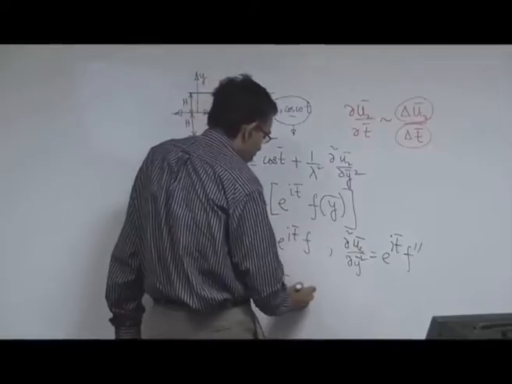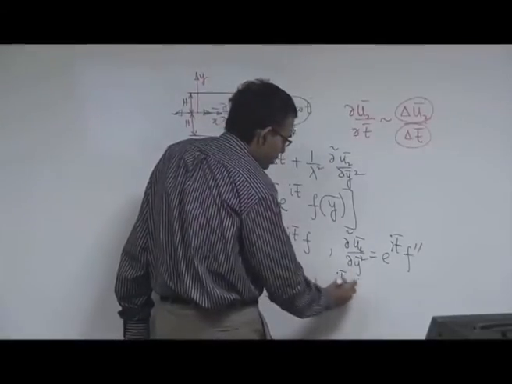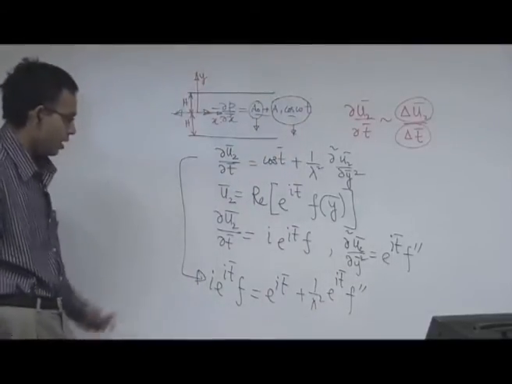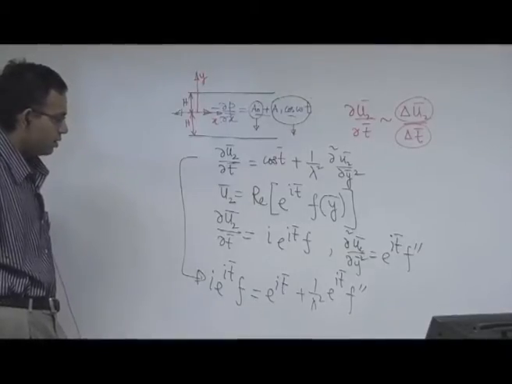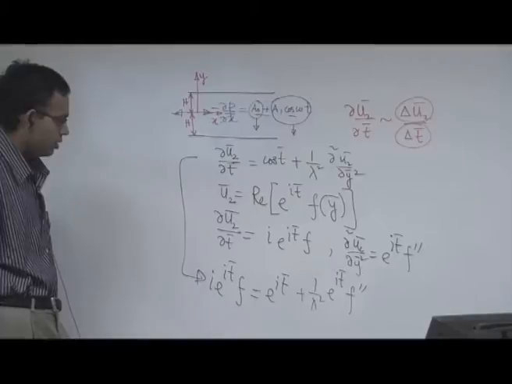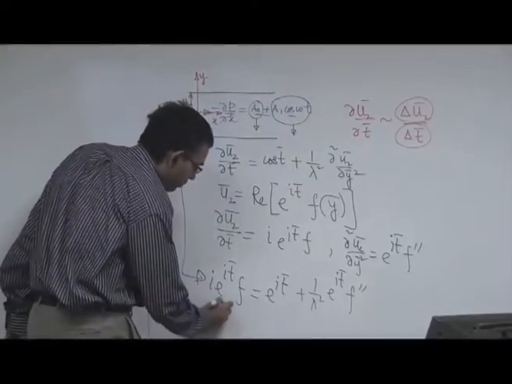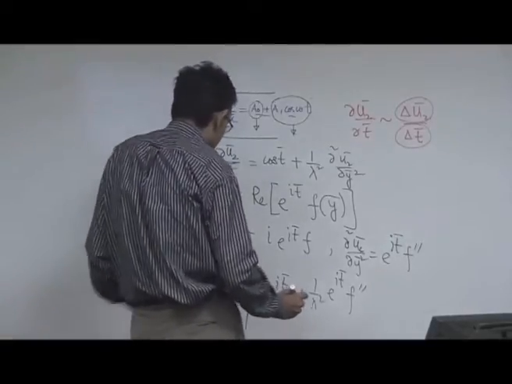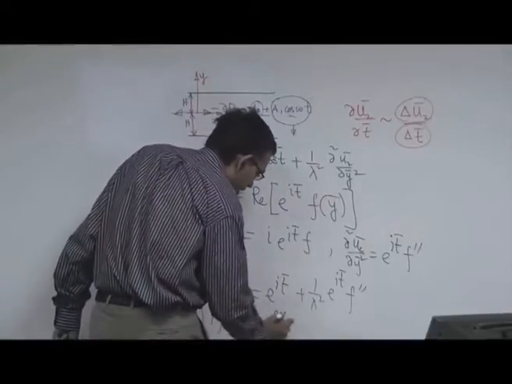So, plus 1 by lambda square e to the power I t f double dash, so that means you have I f is equal to 1 plus f double dash by lambda square.